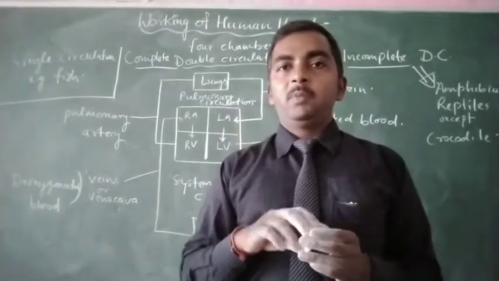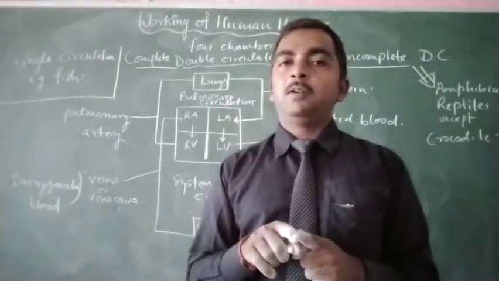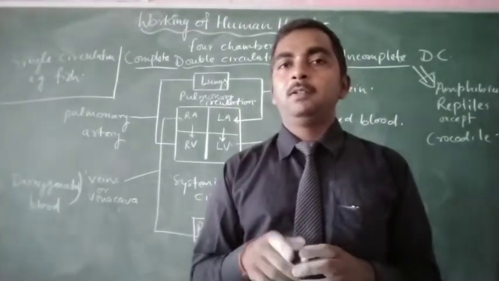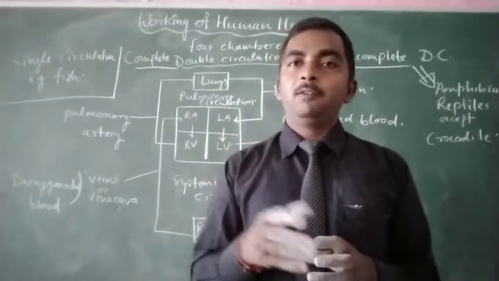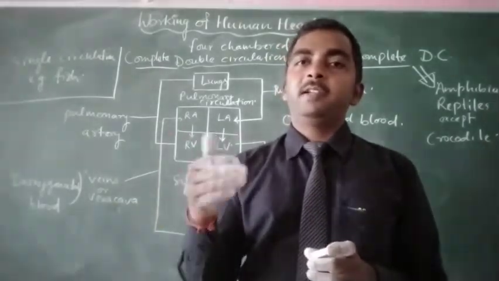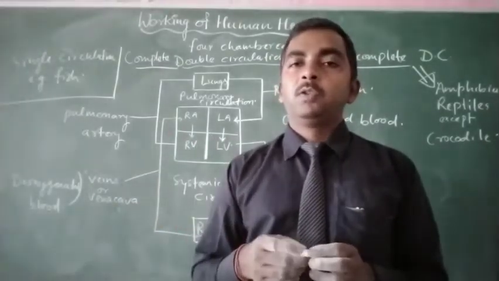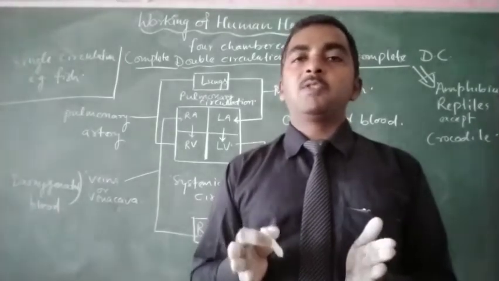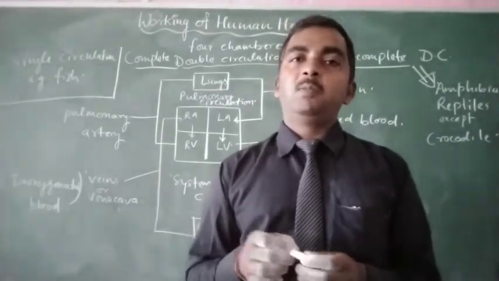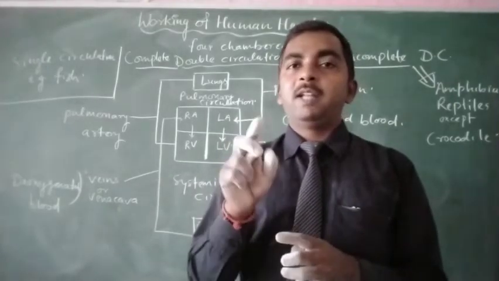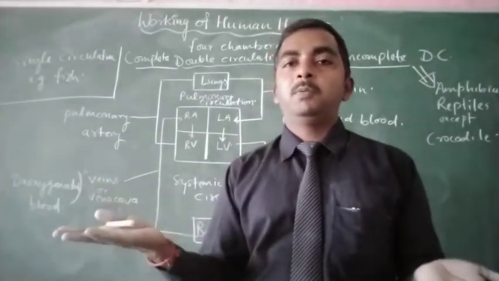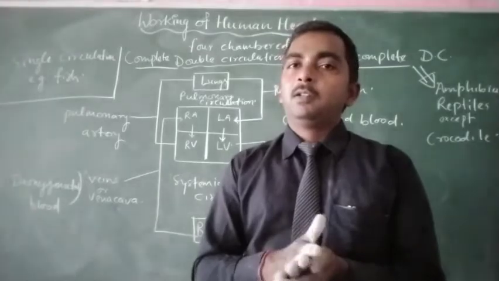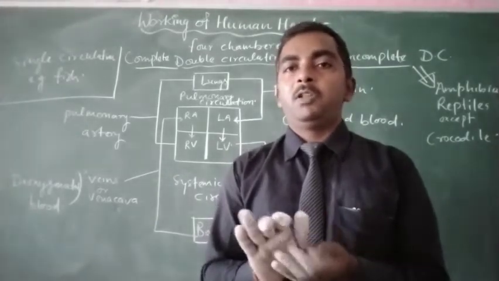At the gills, oxygenation of the blood takes place, which means oxygen enters the blood and carbon dioxide is removed into the water through the gills. In this way the blood becomes oxygenated, and that oxygenated blood from the gills is directly distributed to all parts of the body.